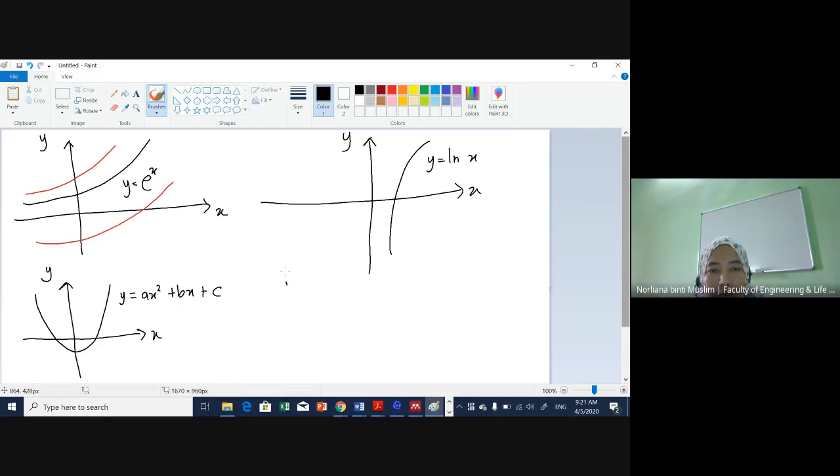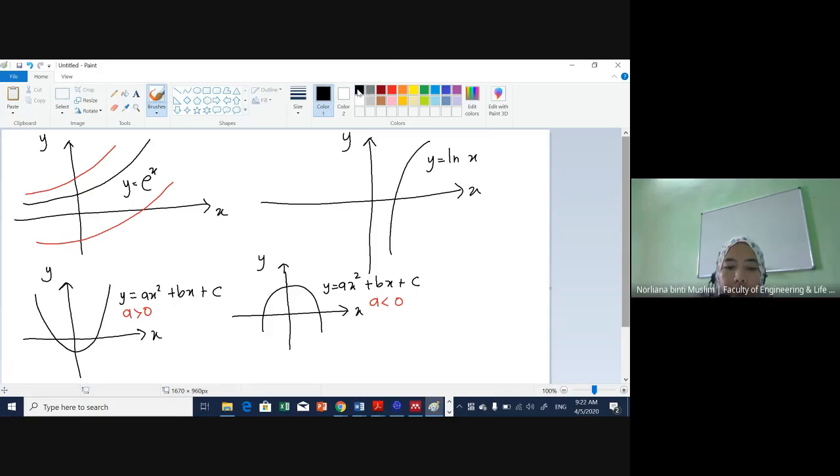Or we can have it like this, the same type of equation. The difference is the value of A. This condition is when A is positive, and this one is when A is negative. We might get different kinds of graphs against a different axis.